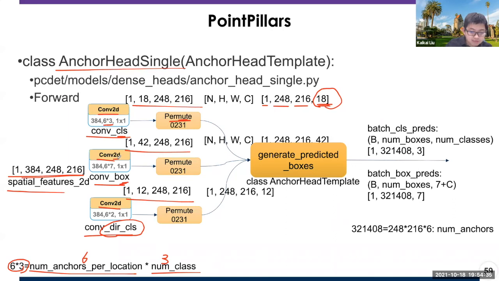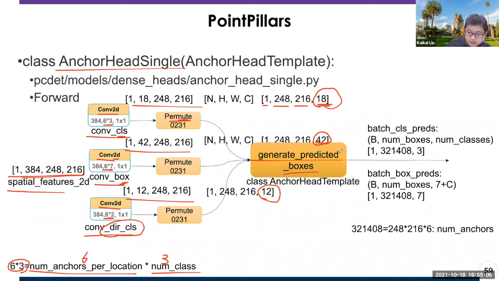For the 2D bounding box, they have 7 elements and the number of anchors per location is also 6, so 6 times 7 is 42. Direction is easy, it's only 2, so 6 times 2 is 12.